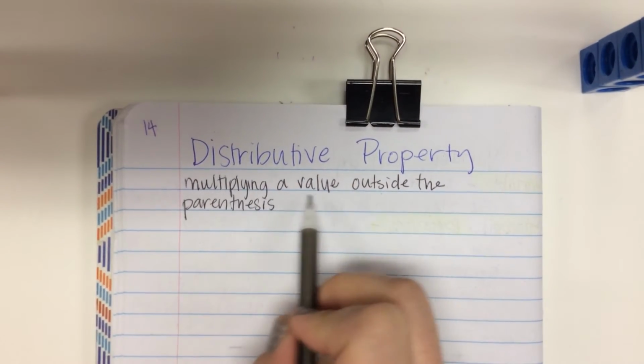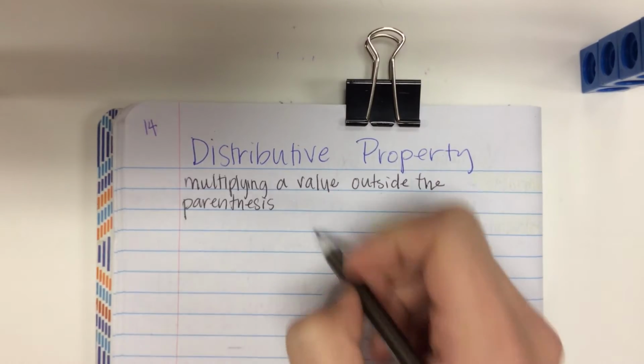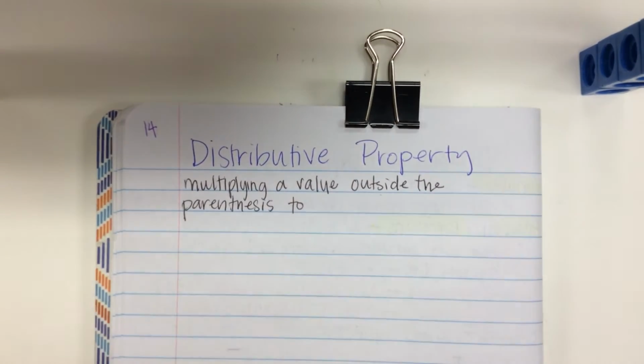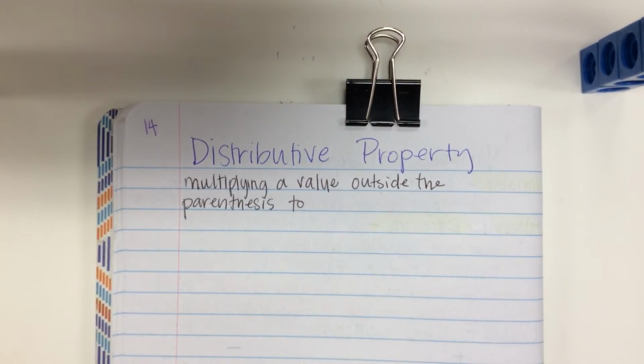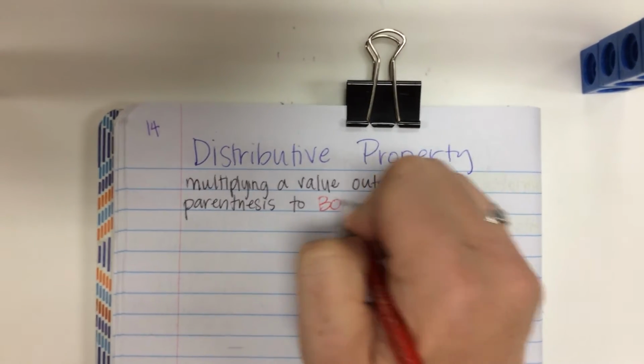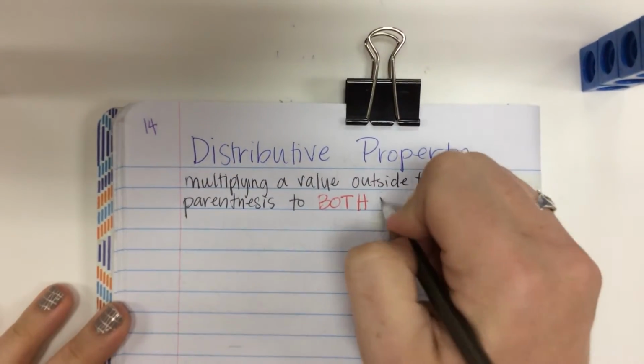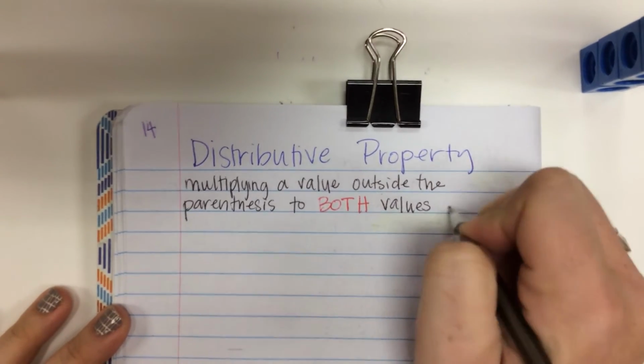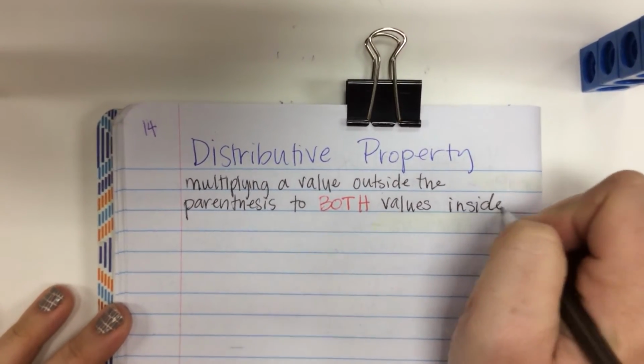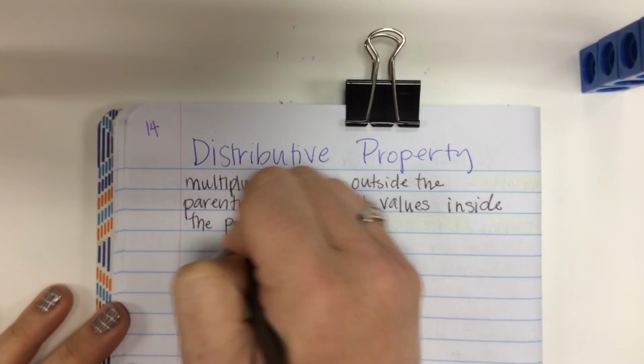So multiplying a value outside the parentheses to, and I'm going to change colors and make this really bold, both values inside the parentheses.